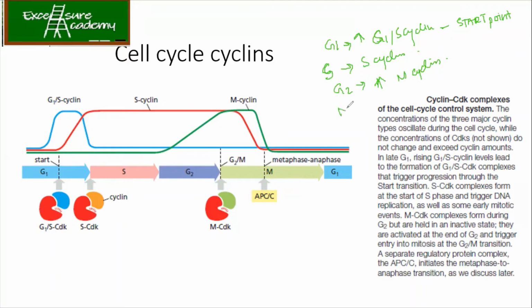Then towards the M, where your APC comes, okay, where the metaphase to anaphase promotion is happening, there the M cyclin concentration will start declining. Okay, as well as the concentration of S cyclin is declining here at the G2 phase.